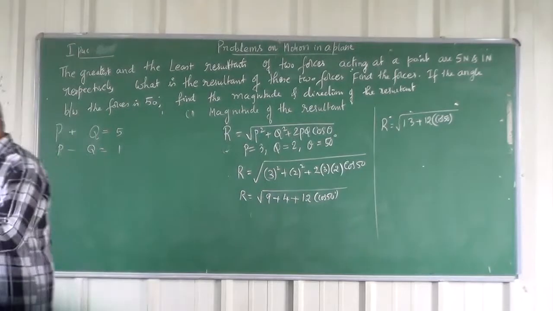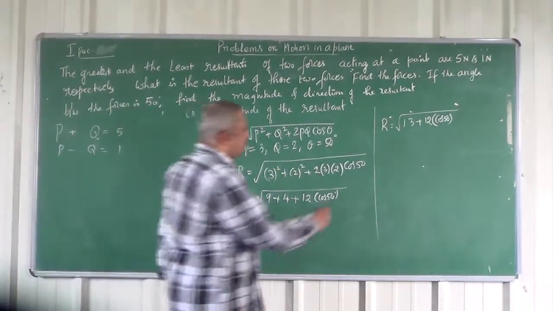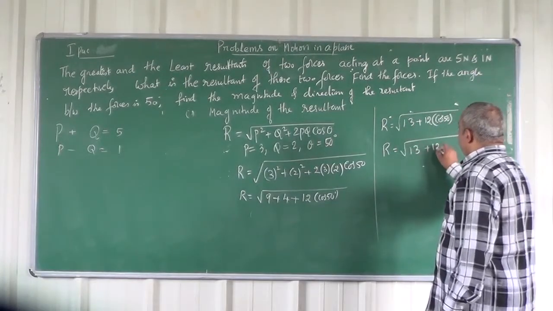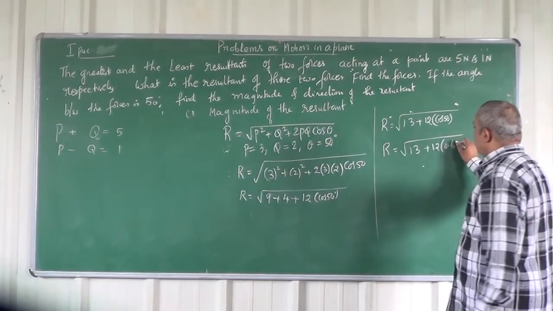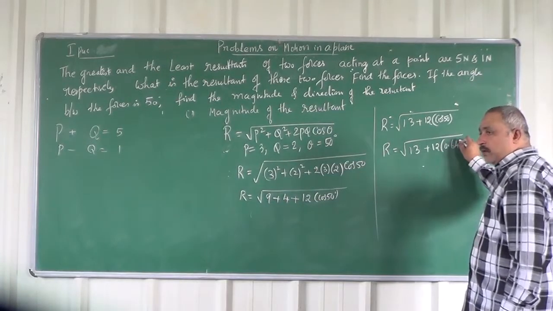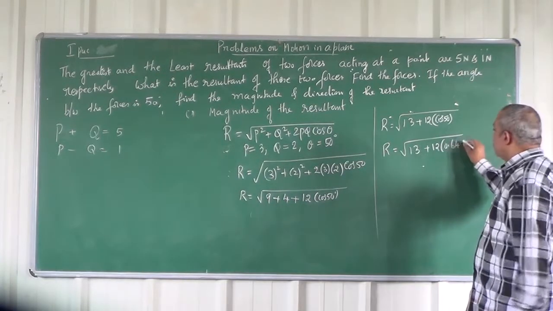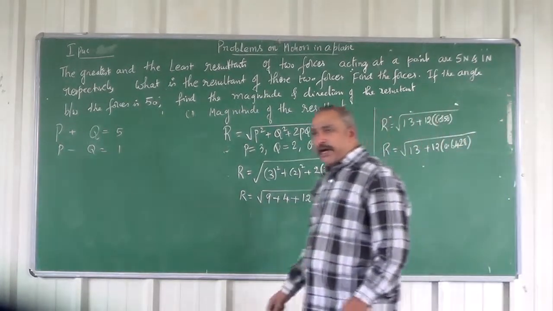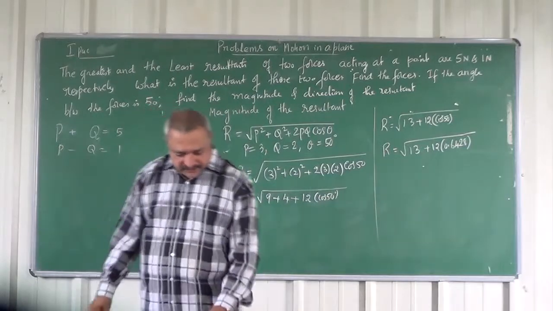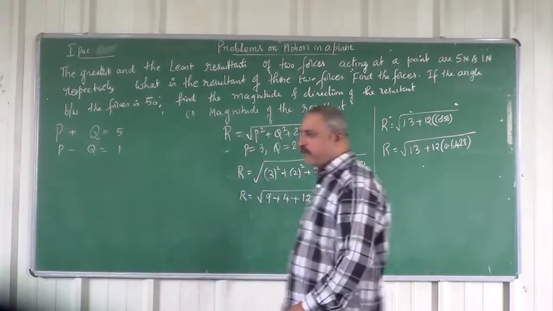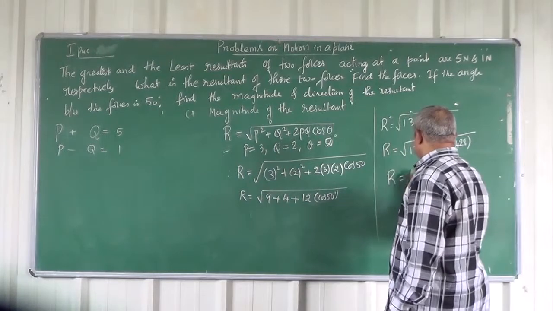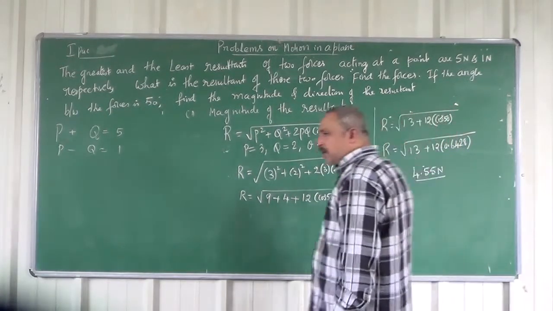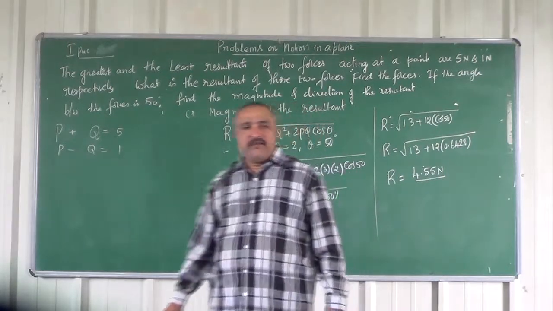R is equal to square root of 13 plus 12 into 0.6428. Now you need to simplify, and I think you will be getting around 4.55. R is equal to 4.55 newtons.